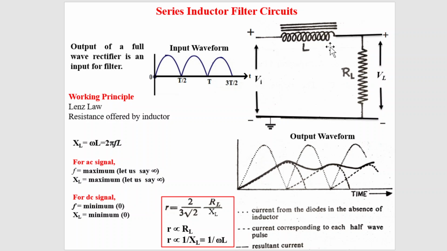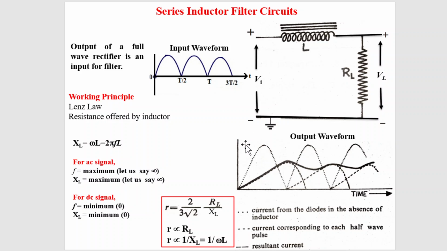By Lenz law, it will try to decrease the current across the load resistance. Similarly, when the load current decreases, the polarity of the induced voltage across the inductor reverses in such a way that it opposes the decrease of current across the load resistance. So the variations in the output signal will be minimized.